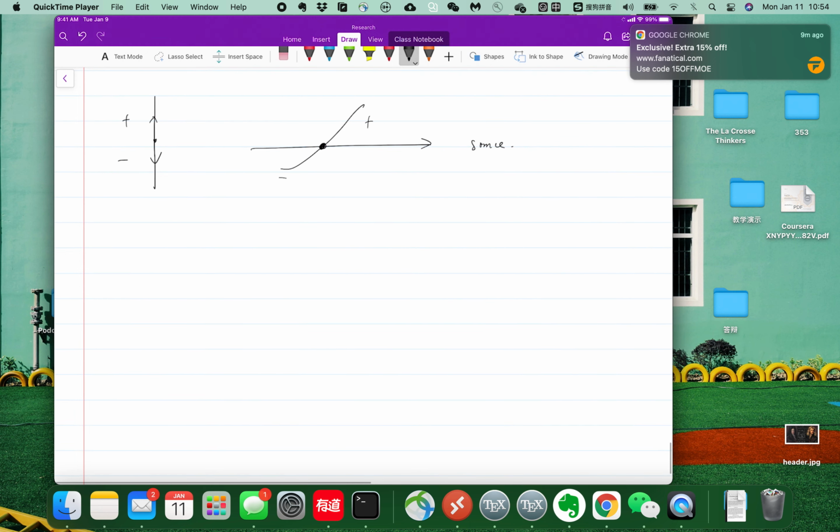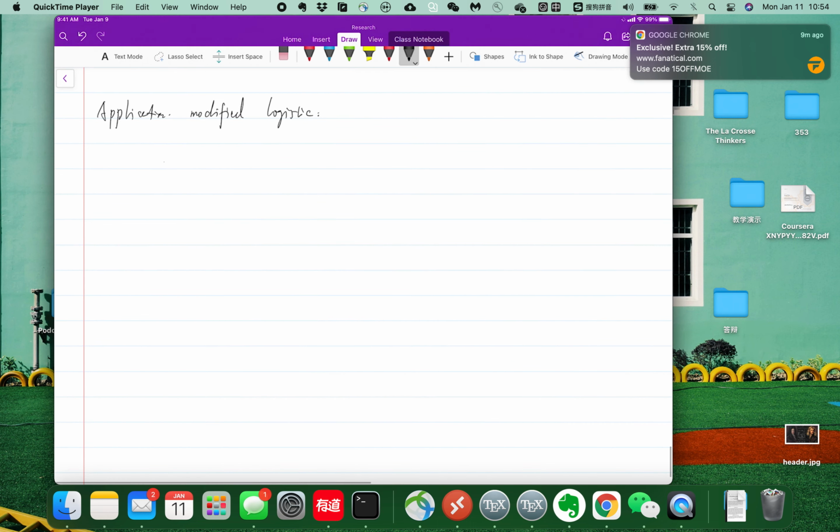All right. Finally, one application, just to show you why this is useful. Let's talk about something called Modified Logistic. Okay, we have the logistic. Now I have the complete version. Or let's start with exponential growth.